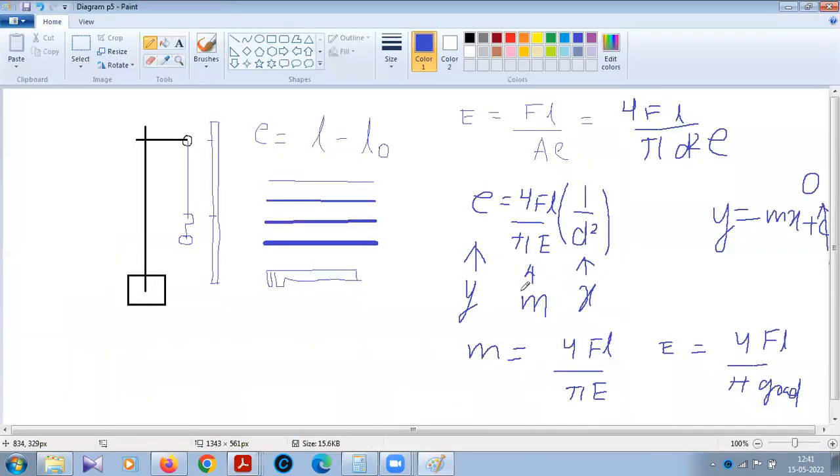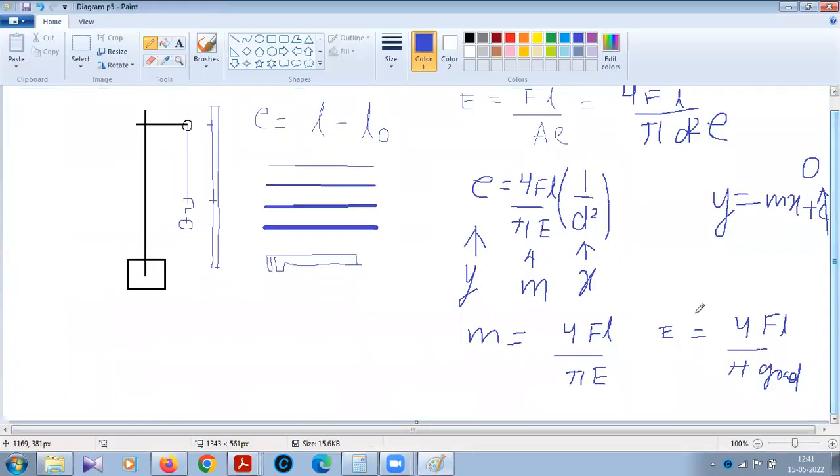Suppose it is y equal to a x to the power n. You can take the natural log of both sides, so it will be ln y equal to ln a plus n ln x.